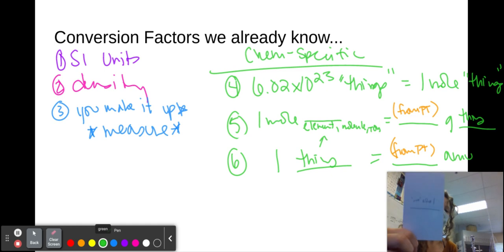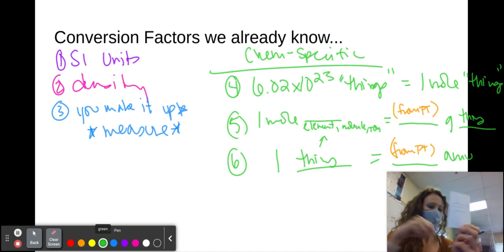I would do 1 mole of a thing, and you might even want to make a note that that thing can be elements, molecules, ions. So 1 mole on the top and then flip it. And on the bottom, I would put blank grams of things. And then make a note that that mass is from the periodic table.